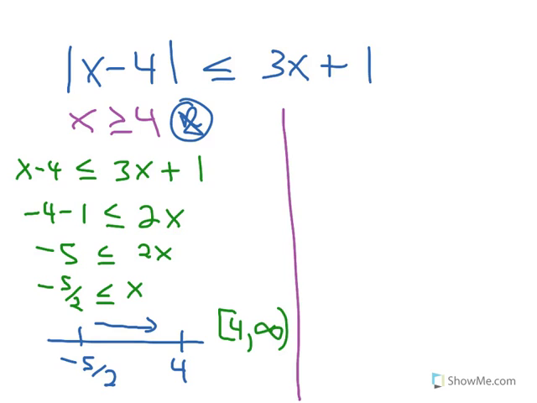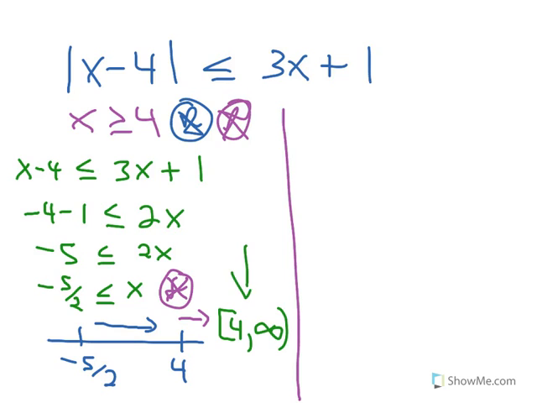The reason for that is both of these criteria have to be met. We said x is only greater than or equal to 4 when we follow this process, and x is greater than or equal to negative 5 over 2. If both of those have to happen, that just means x is greater than 4. So that's that side.